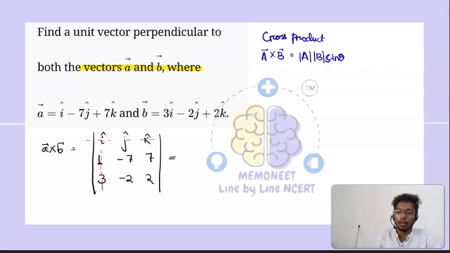So for i cap we have minus 7 into 2 minus of minus 2 into 7.